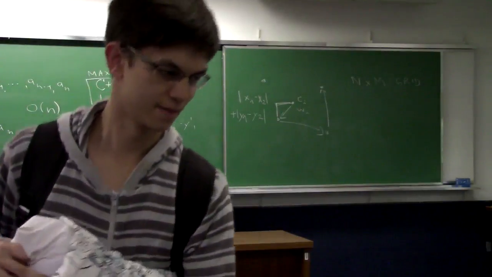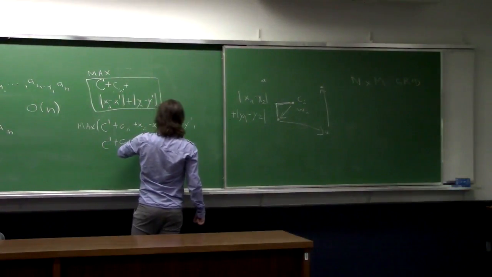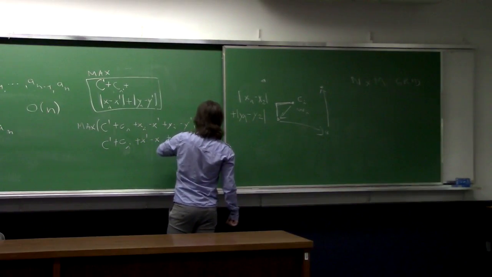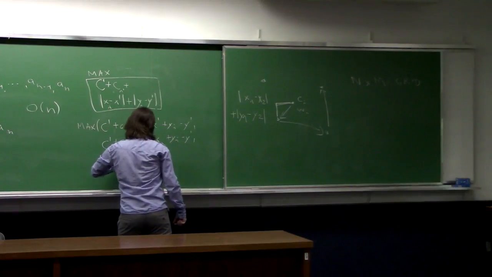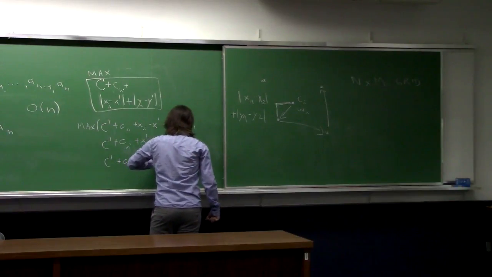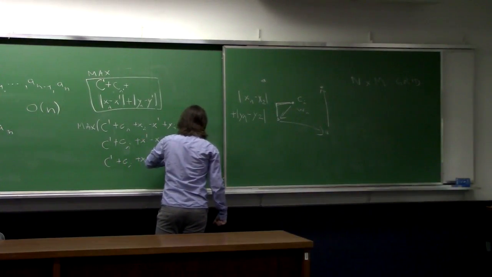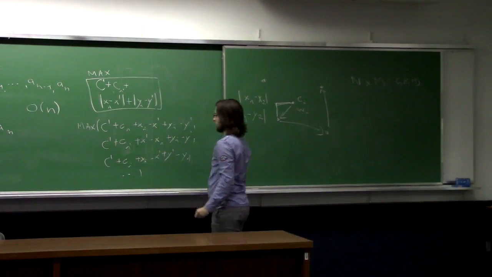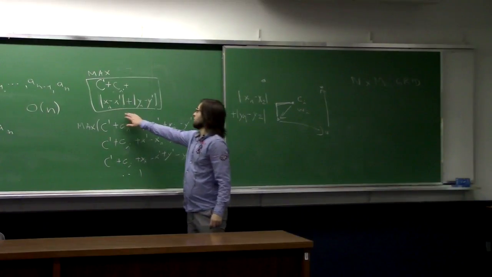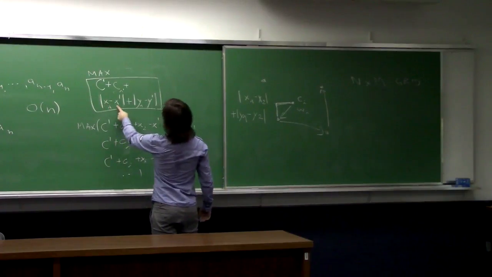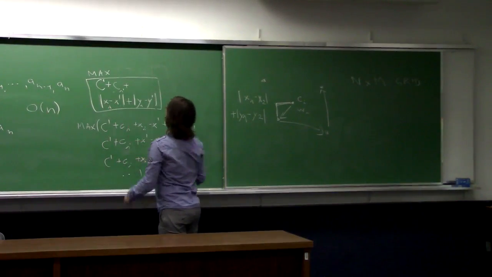y prime. So this would be the first case, ci plus x prime minus xi plus yi minus y prime, plus ci plus xi minus x prime plus y prime minus yi, and so on for the fourth case. That's because we can write the absolute value as the maximum of xi minus x prime, or x prime minus xi.